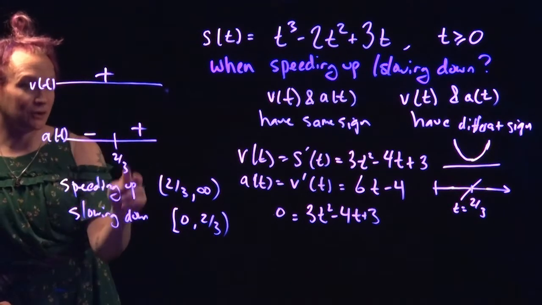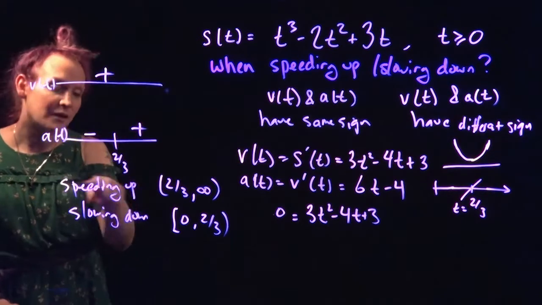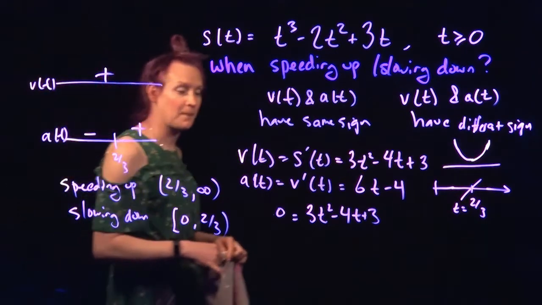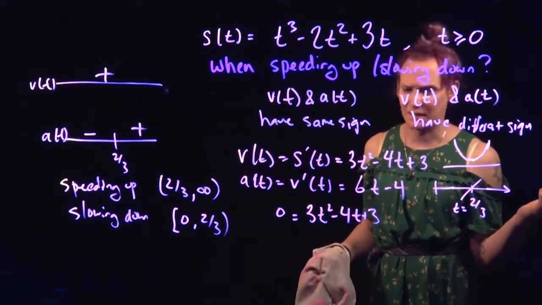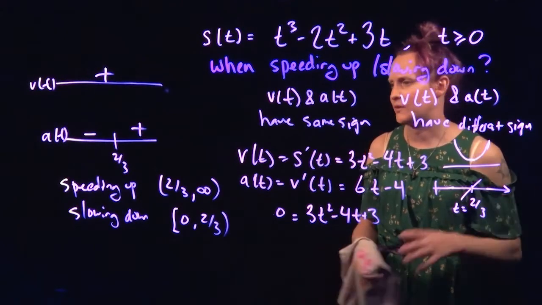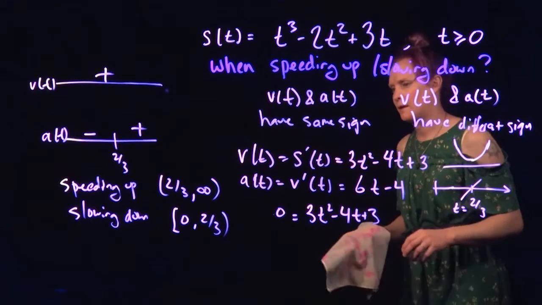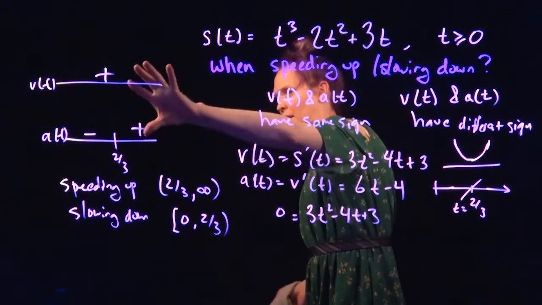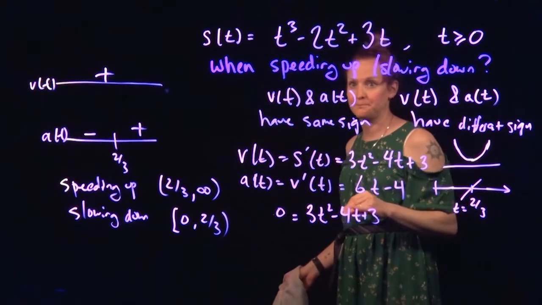And to the right, they're of the same sign. It's both pluses. If they were both minuses, it would still be speeding up from 2/3 to infinity in this particular problem. So I feel like that's a pretty strong tactic for dealing with this: constructing these two little lines with the signs of the two derivatives on them, and just figuring out where they match and where they are different.